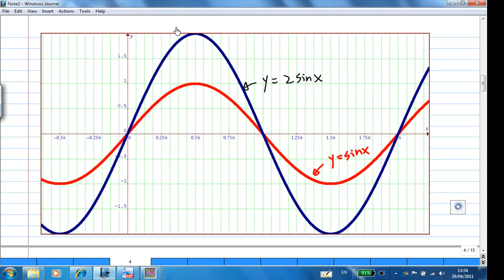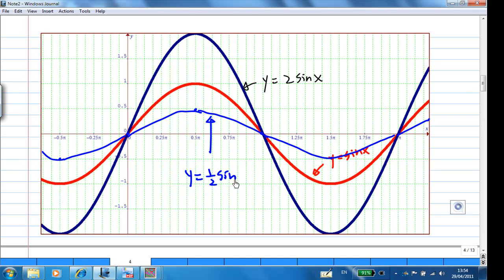All the values of y will be multiplied by half, so 1 becomes half, 0 is still 0, minus 1 becomes minus half, and you have the graph like this, half the size of the values of y. So this will give you the blue curve, y equal to half sine x. These are all about vertical scaling.